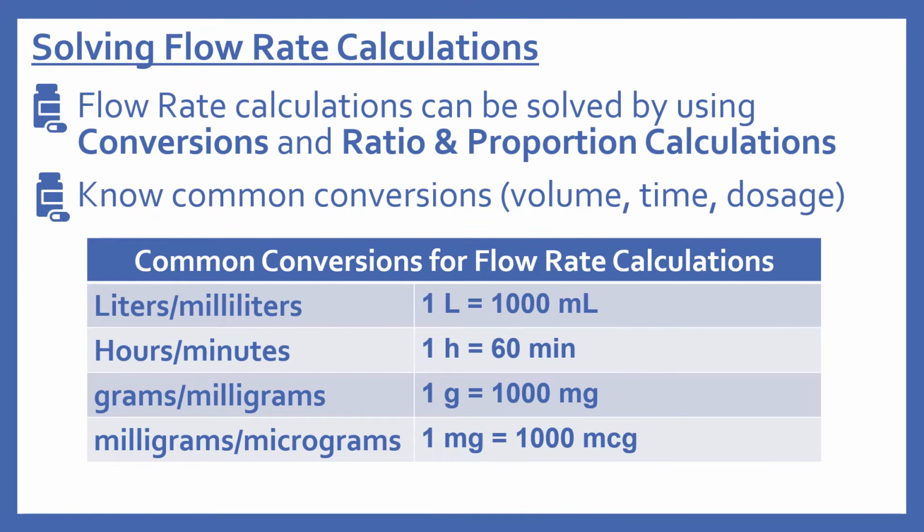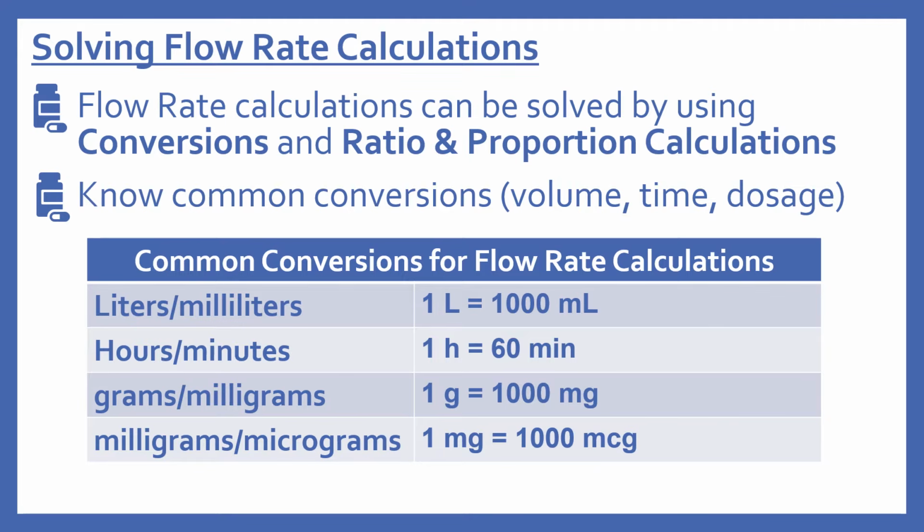Now we'll talk about solving flow rate calculations. Flow rate calculations can be solved by using conversions and ratio and proportion calculations. It's important that you know the common conversions. Conversions that are often seen in flow rate calculations include volume, time, and dosage ones. Here I have a table that shows some of the common conversions.